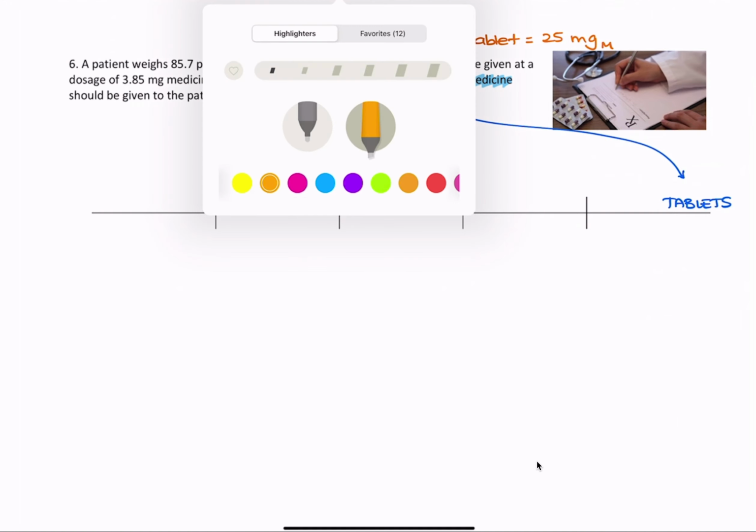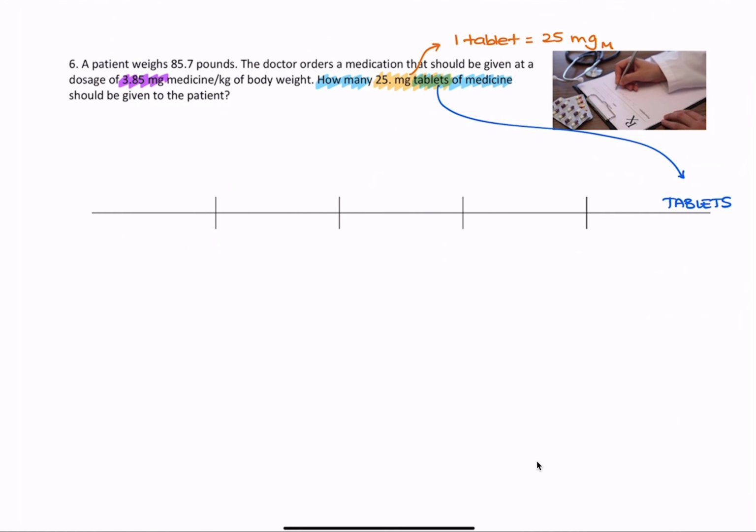What else do I know? Well, I'm given here an information about the dosage. I'm told that for every kilogram of patients, the dosage is 3.85 milligram of medicine.